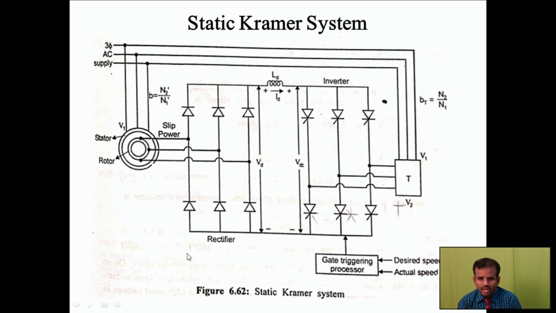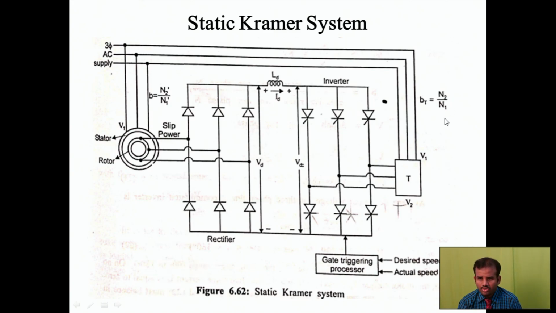So on one side we connect the rectifier circuit, and on the other side we connect the inverter circuit. To the rectifier circuit, we connect the supply source, and to the inverter circuit we connect the 3-phase transformer. Here the transformer constant is Vt equal to N2 by N1, that is N2 is the turns on the secondary side and N1 the turns on the primary side.